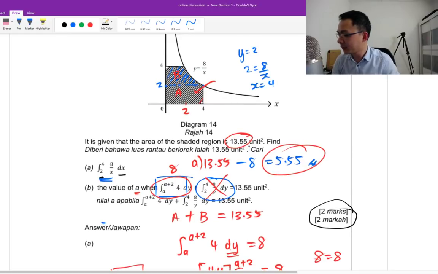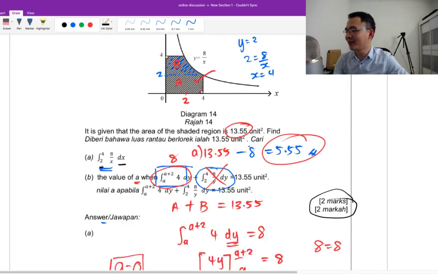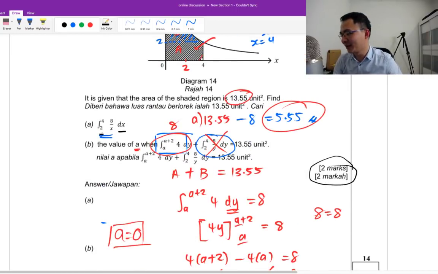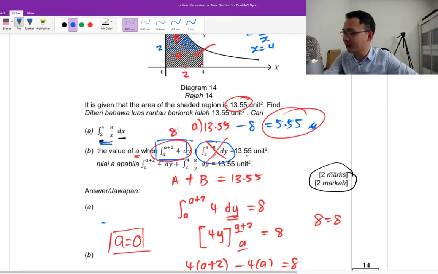Let me see about B. Oh, I know why already. Because in order to get the 13.55, I guess this one maybe is just straight away from the diagram. We are just thinking too much.